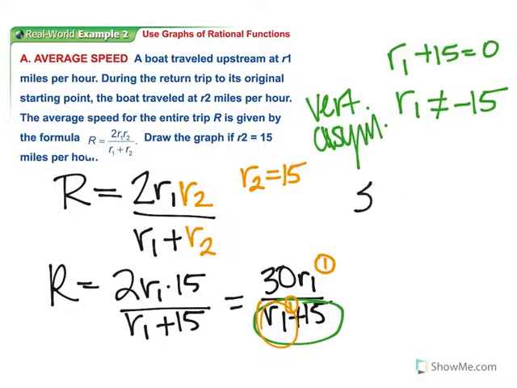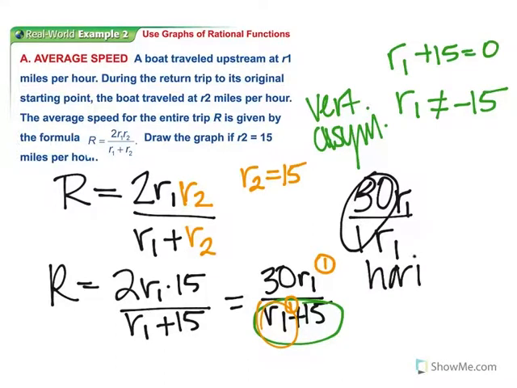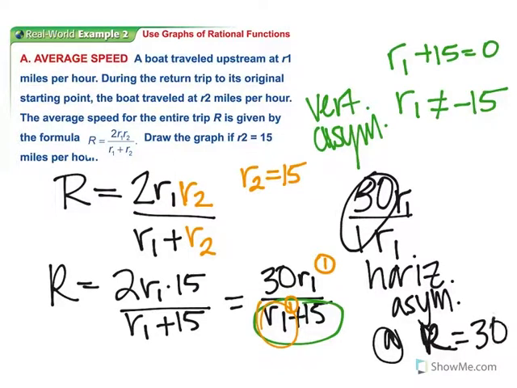So when your leading degrees are the exact same, you have to look to your leading coefficients, which would be 30 over 1. So we have a horizontal asymptote at big R equals 30.